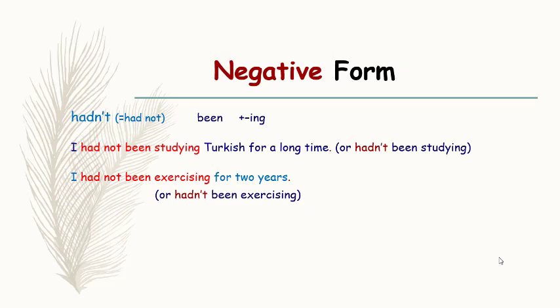The negative form is had plus not plus been plus verb in ing, or hadn't plus been plus verb in ing. Like here, I had not been studying Turkish for a long time. I can also say, I hadn't been studying Turkish for a long time. Another example, I hadn't been exercising for 2 years, or, I had not been exercising for 2 years.